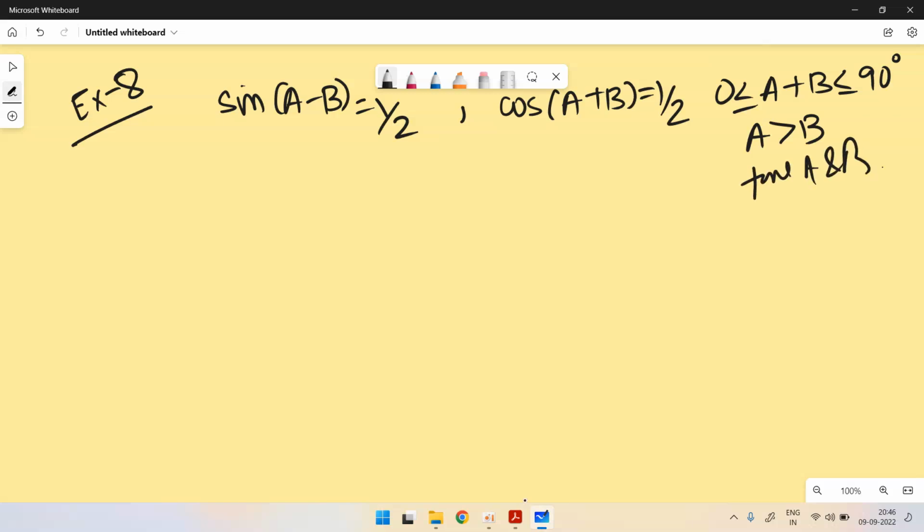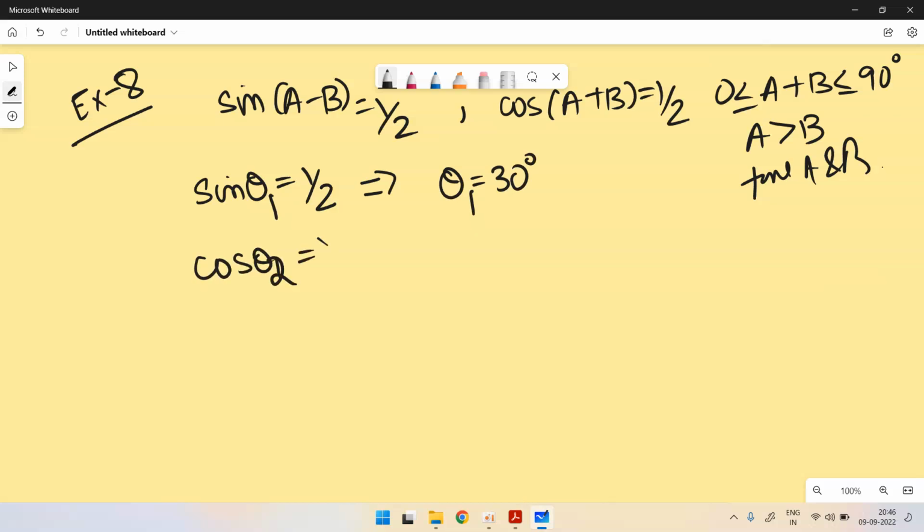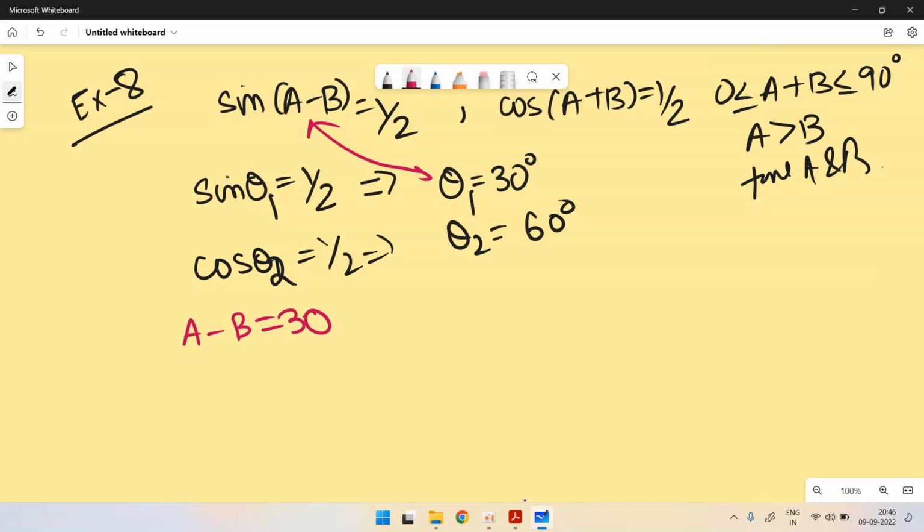Now you know that for sine theta to be half, theta is 30 degrees. Sine of A minus B to be half gives 30 degrees, and cos of A plus B to be half means that theta will be equal to 60 degrees. So from this relation, I get that A minus B is 30 degrees, and from the other I get that A plus B is 60 degrees.